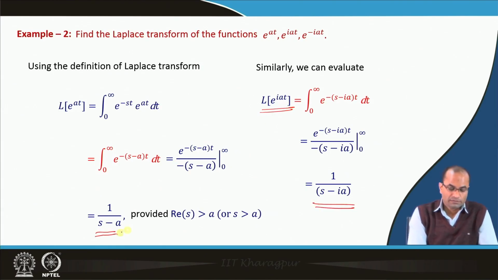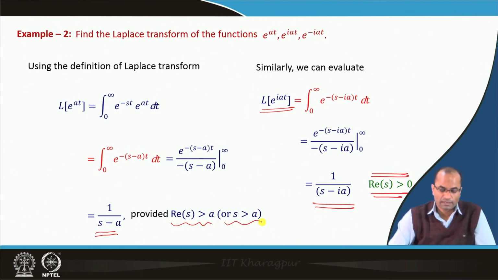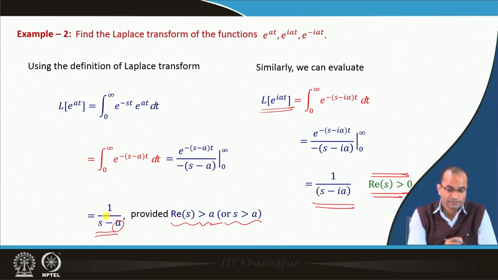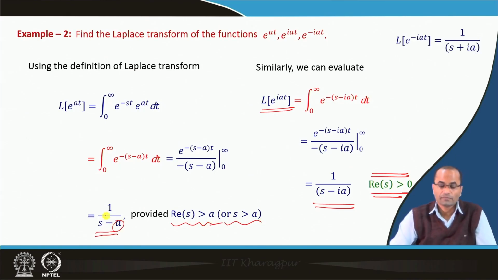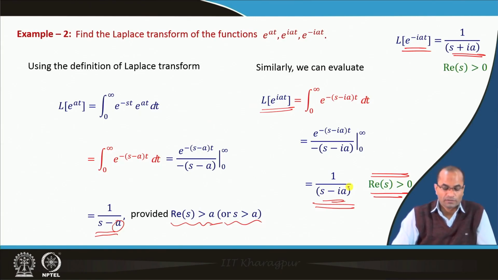A similar result, but the difference here is that the range of s is real s greater than 0, whereas earlier the range was real s greater than a, where a is the exponent there. Similarly, when we have e^(-iat), that result will be just 1 over s plus ia instead of s minus ia, under the same restriction that the real value of s is greater than 0.